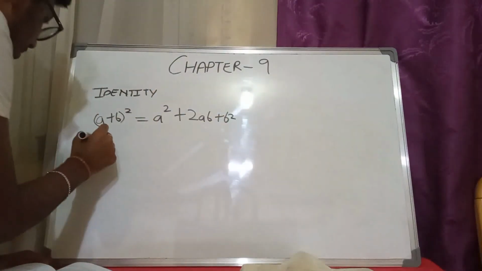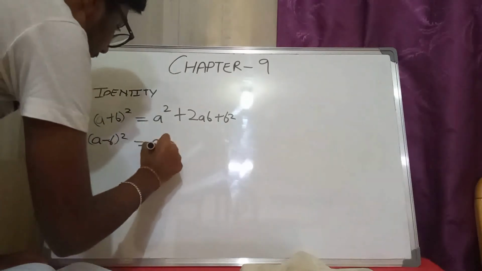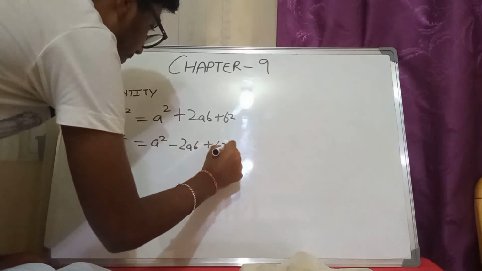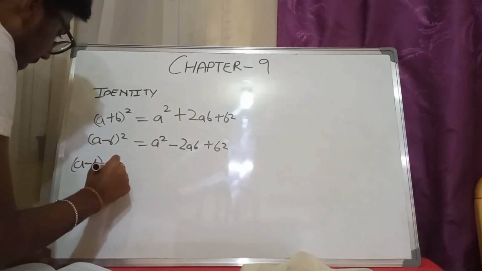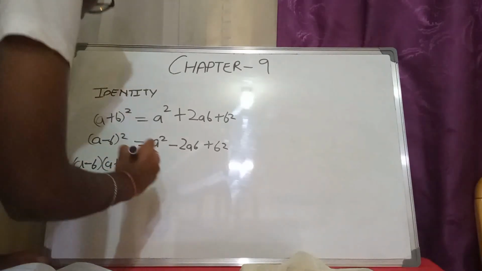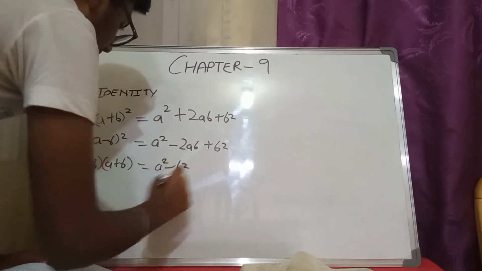The second one is (a minus b) the whole square equals a square minus 2ab plus b square. Then we have (a minus b) into (a plus b), the one we saw just now for the special problems. This gives us a square minus b square.